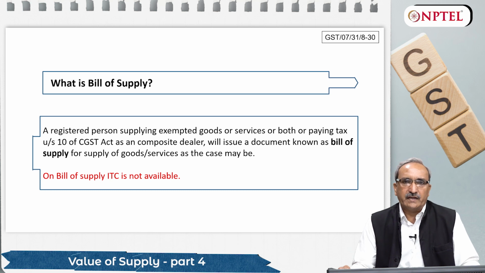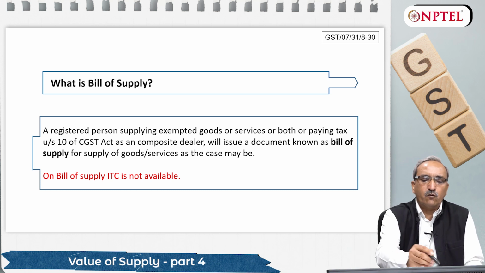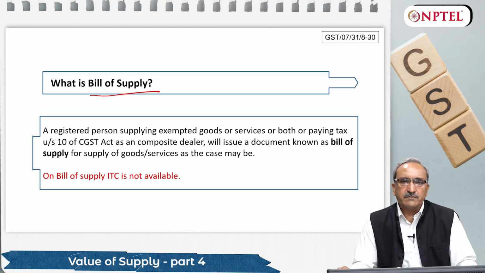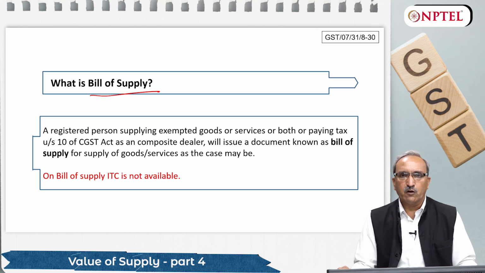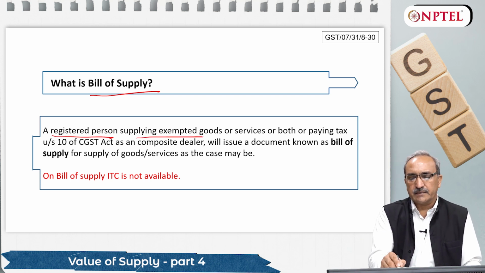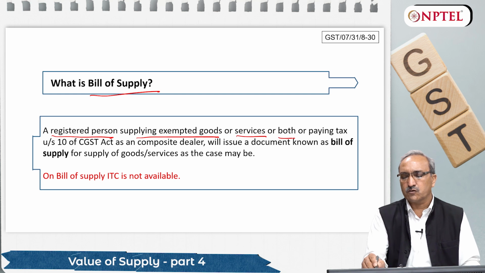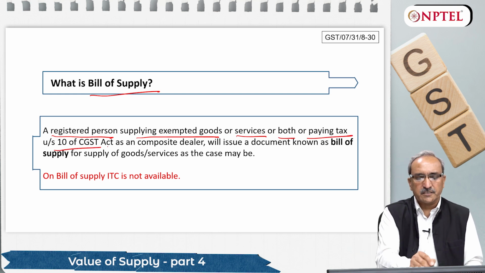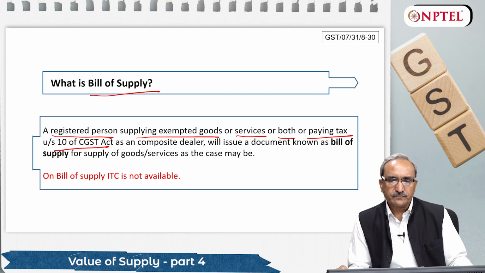What is a bill of supply? It's again a document under GST. A taxable invoice is one document, a bill of supply is another document. The law says a registered person supplying exempted goods or services or both, or paying tax under section 10, meaning a composition dealer.